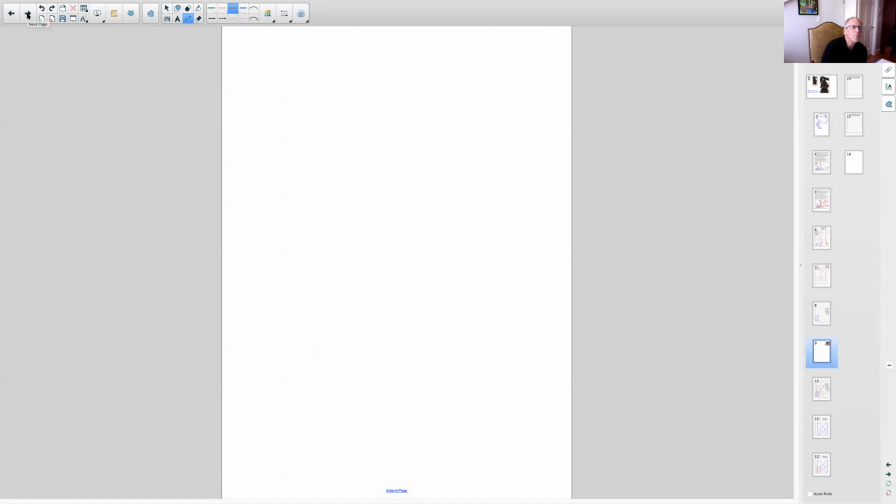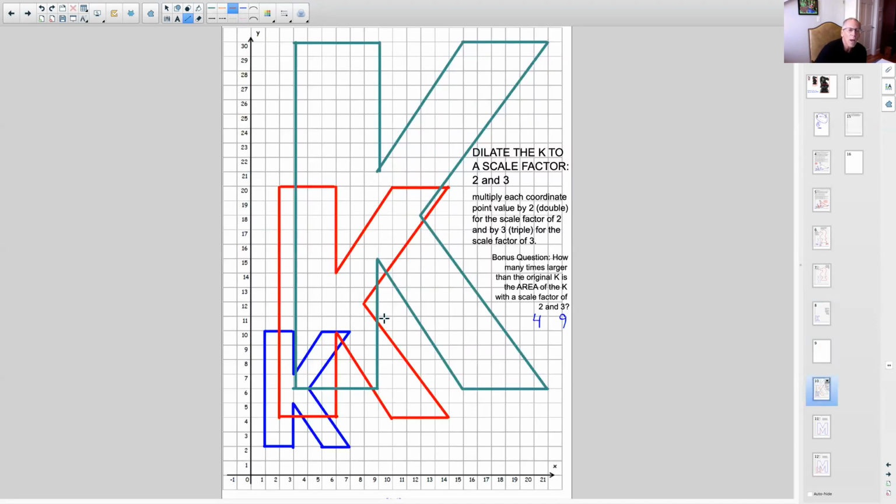When you dilate from the blue K to a factor of 2, it's going to look like the red K. And when you dilate to a factor of 3, it's going to be massive and huge.